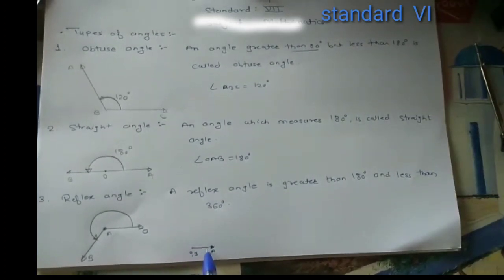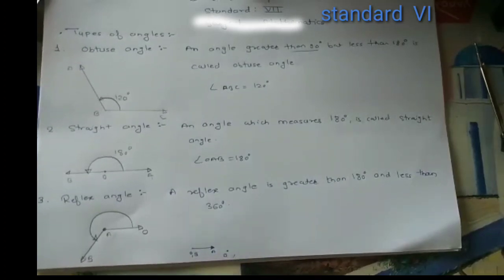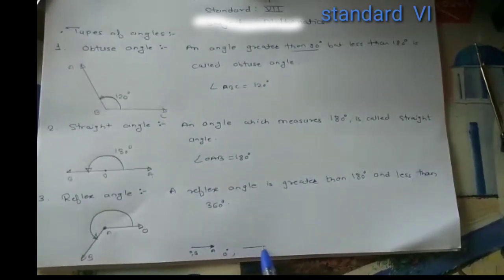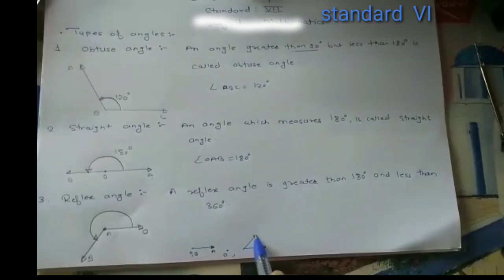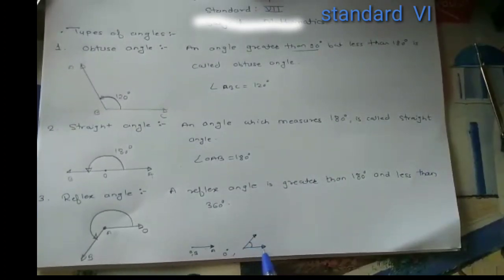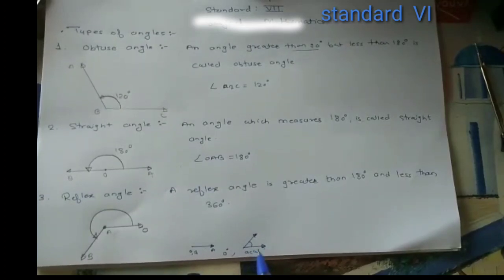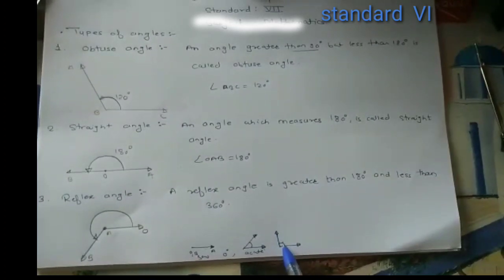If I start to measure first, here is the angle OAB. This is 0 degrees. After that I go like this, which measures between 0 and 90, that is acute. Then next, an angle which measures 90 degrees is a right angle.